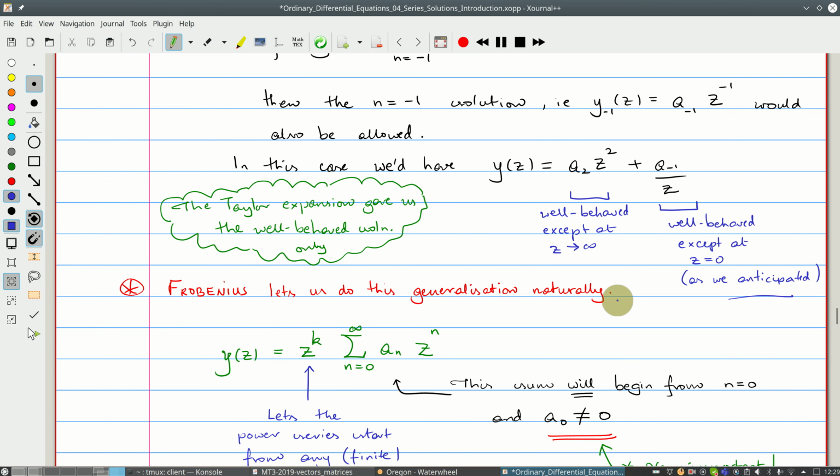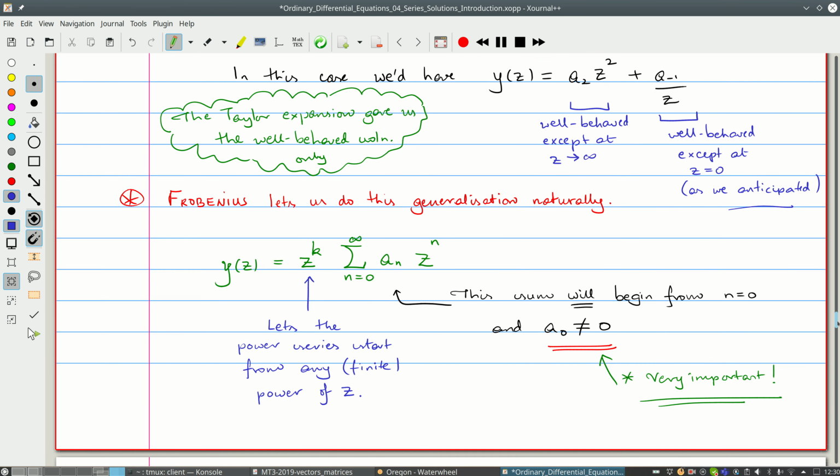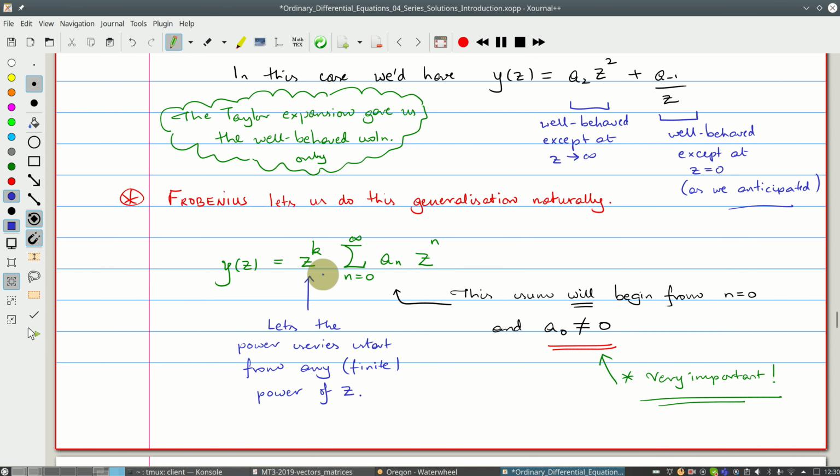Alright, so Frobenius, as I've said, lets us do this generalization naturally. We start off with a power series expansion as before, the sum, but now we multiply it by a power, z to the k. This z to the k lets the power series start from any finite power of z. In fact, k could be a real number, it could be anything.